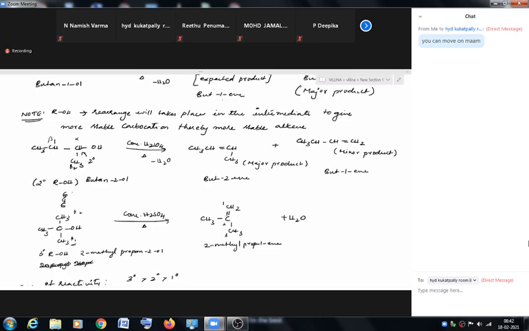Rearrangement. And note down here, mostly this rearrangement will happen in secondary and primary alcohols.